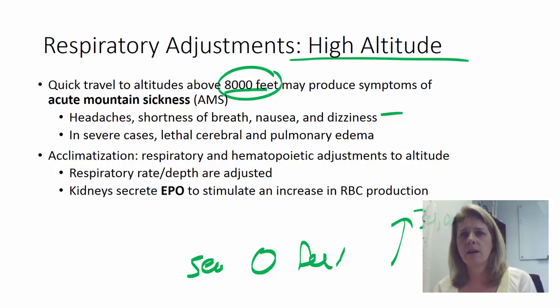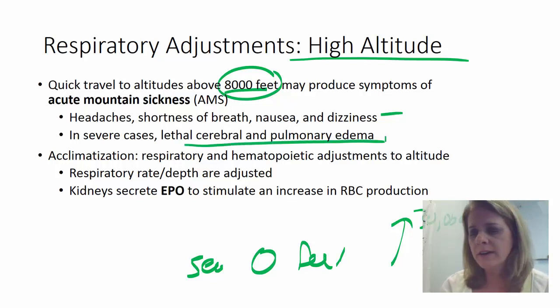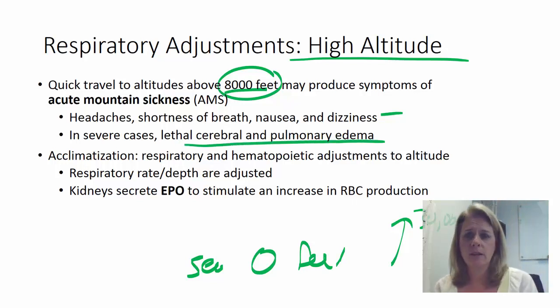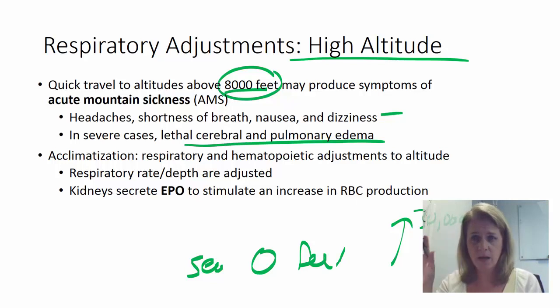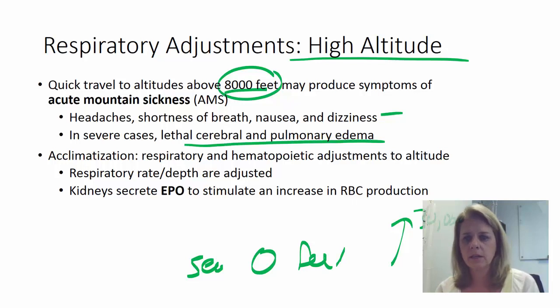You can get such mountain sickness that you get edema, cerebral edema and pulmonary edema, and that can be fatal. So you'll see this in mountain climbers, maybe at Everest. They've gone too high, and they start to see visions and spots and feel faint, and they're at risk of mountain sickness and possibly death. The only thing you can do is get down, just come down.